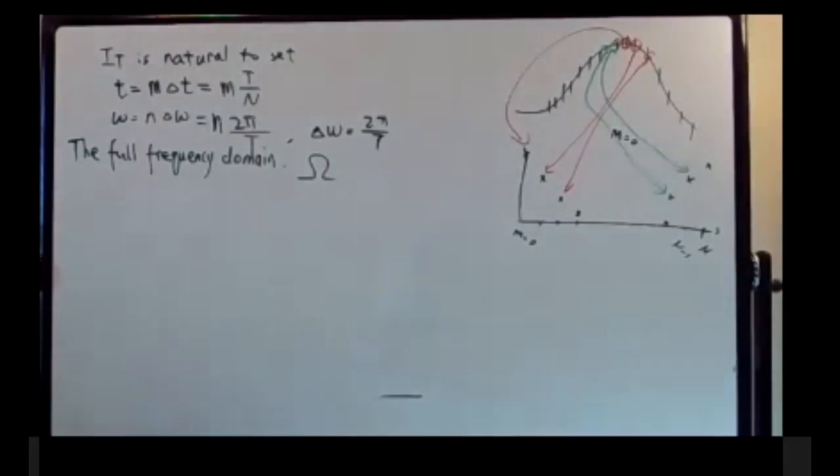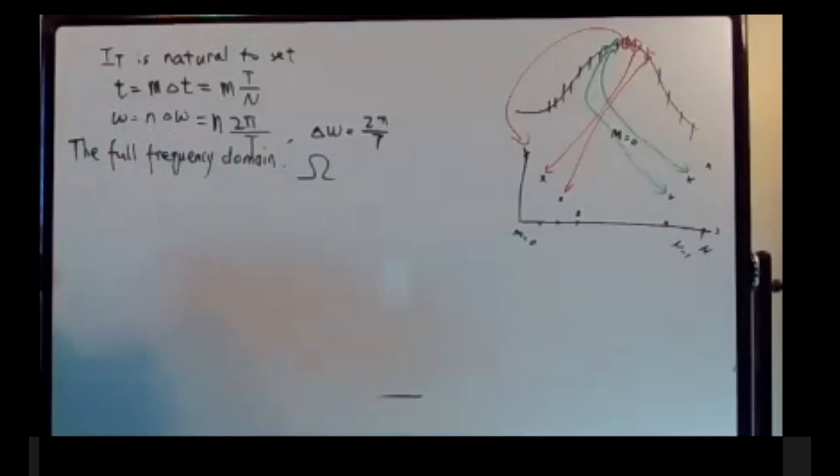So this is the total N times delta omega. How much is N?